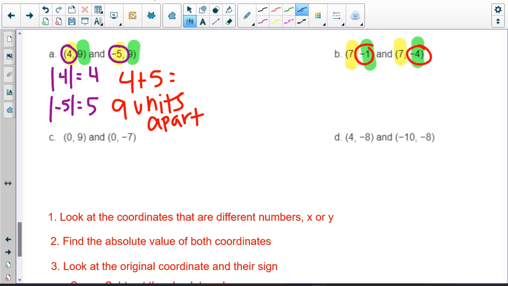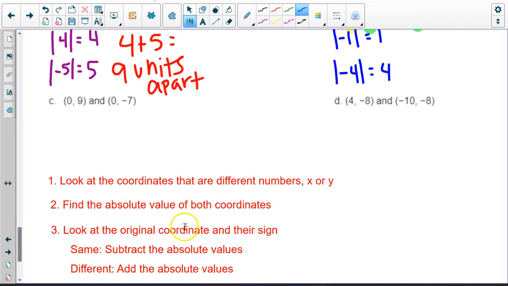Step 2 says find the absolute value of both coordinates. So I'm going to find the absolute value of -1 and the absolute value of -4. Again, anything that comes out of absolute value bars is positive. So this is 1 and this is 4. Last step says look at the original coordinate and their sign.